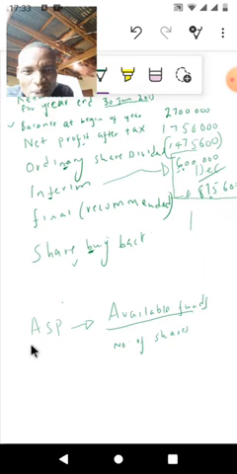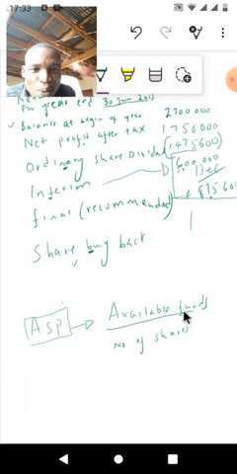Let's calculate average share price together, guys. Calculating average share price is very important. You have to know how to calculate the average share price. You say available funds over the number of shares.